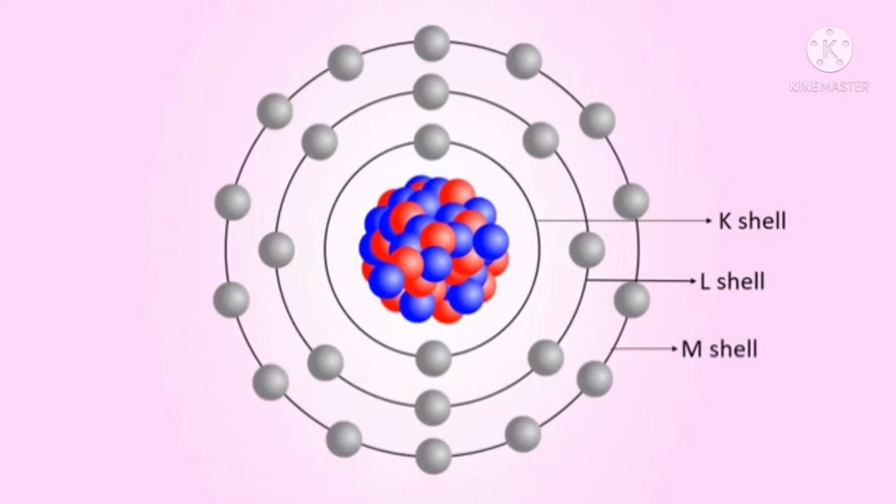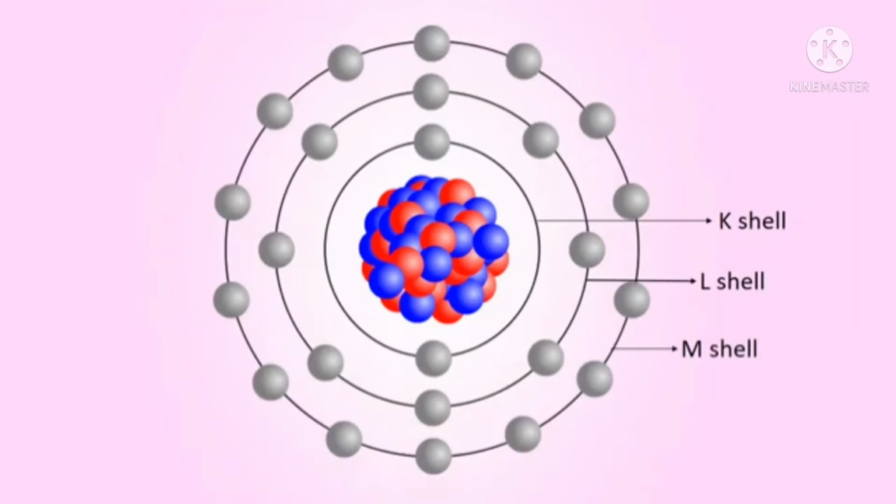Here one diagram is given of electronic configuration of K shell, L shell and M shell. See, we will consider the first shell, K shell. It has maximum capacity of 2 electrons, therefore 2 circles are given.